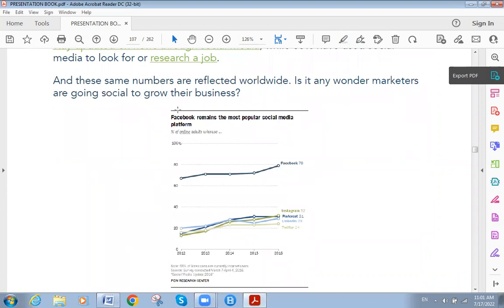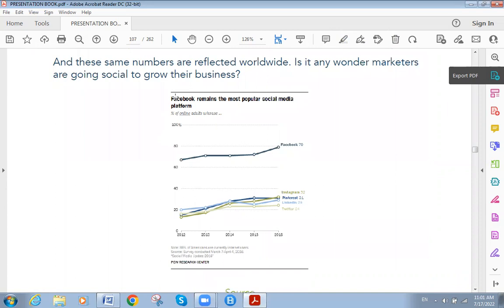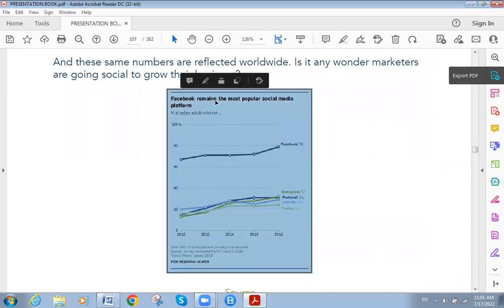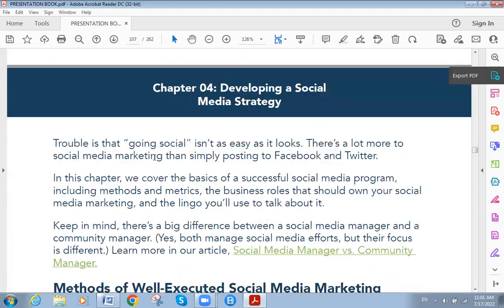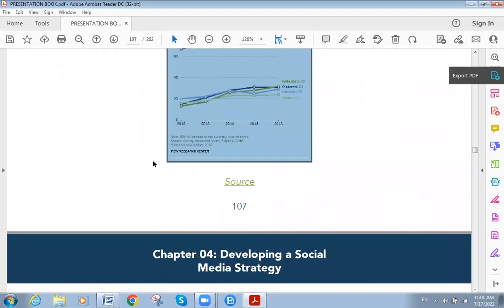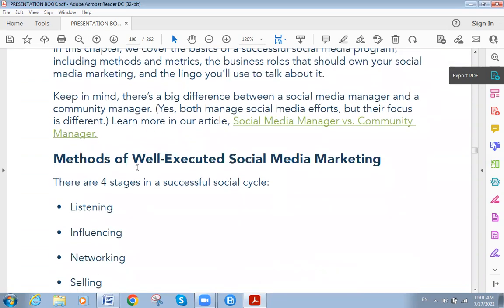One thing I want to say here: Facebook remains the most popular social media platform. We know other platforms are not as popular as Facebook. We have a lot of platforms like Telegram, but still Facebook is the main one.